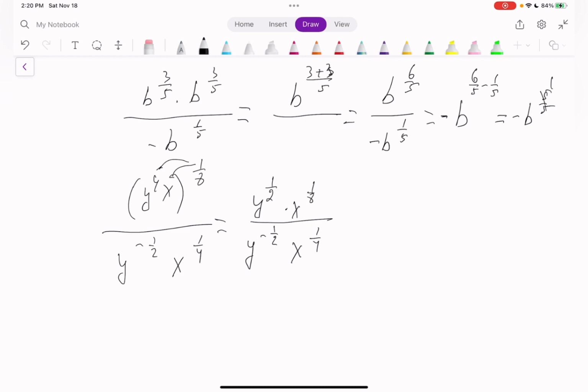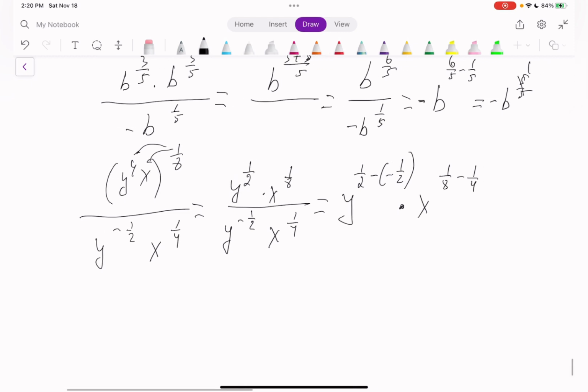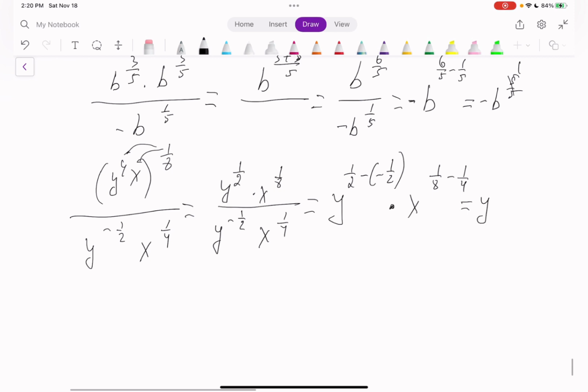And I'm going to have y to power 1/2 minus negative 1/2, because when we divide, we subtract exponents. When we multiply, we add exponents. And we get here x to power 1/8 minus 1/4. So 1/2 minus negative 1/2, we get 1/2 plus 1/2, and we are getting y by itself.